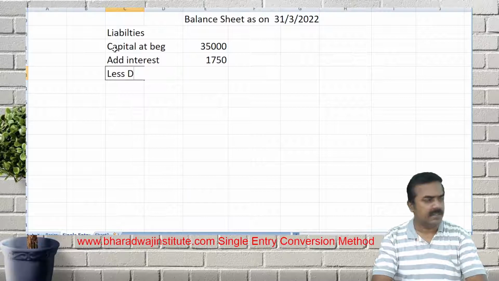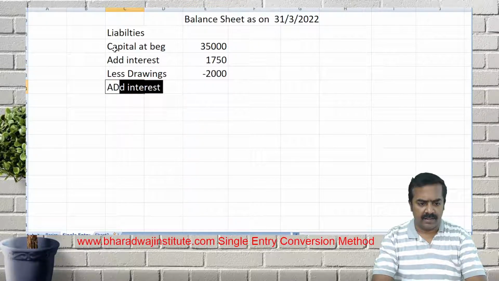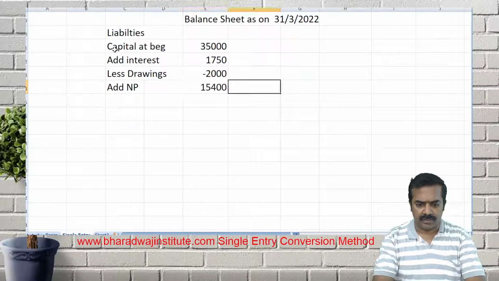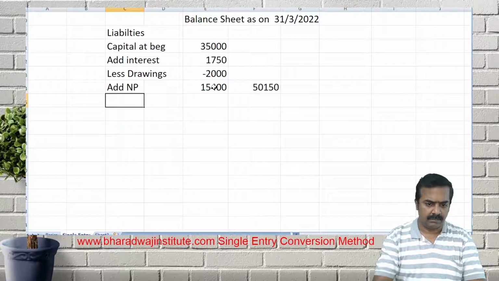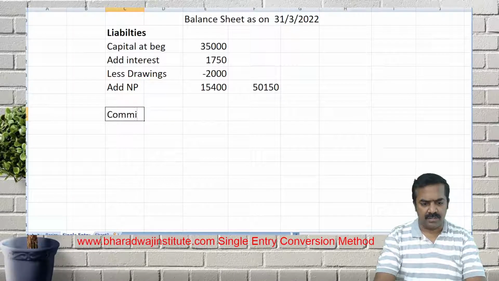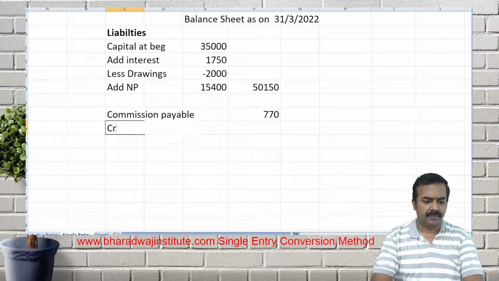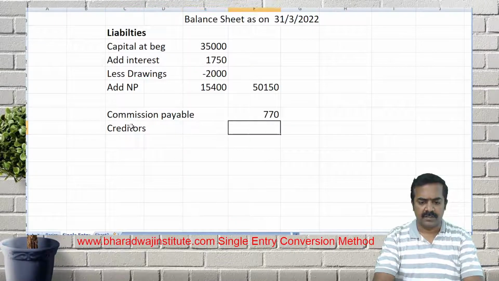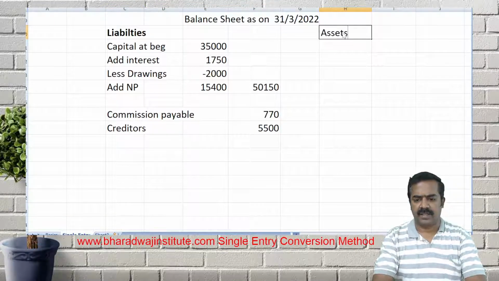Less drawings 2,000. Add net profit 15,400. Then commission payable 770. We just calculated 770. Then creditors 5,500. Assets.